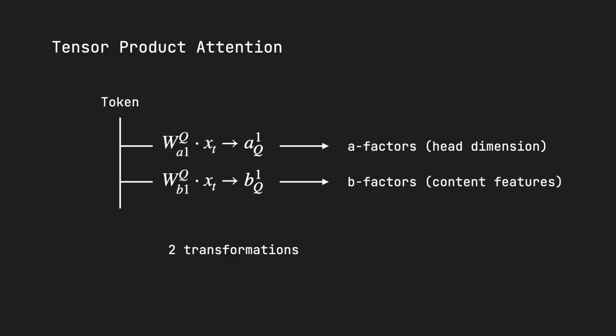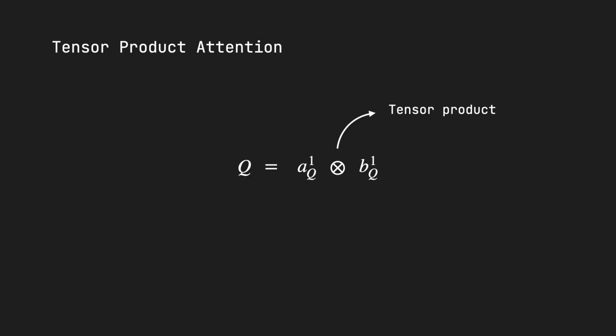You could think of these as two vector spaces with different dimensions that we're combining together using a tensor product. So this is like tensor product factorization. We would do this for a query, key, and a value.